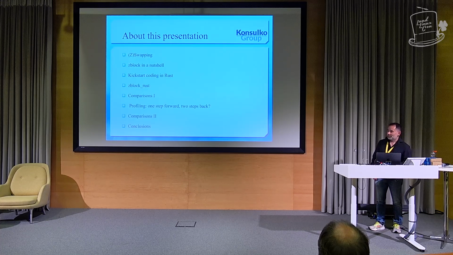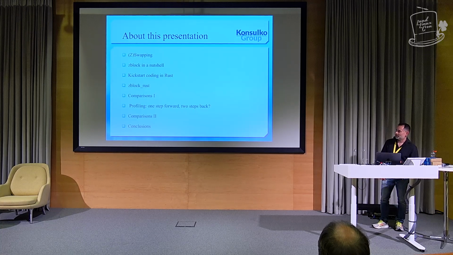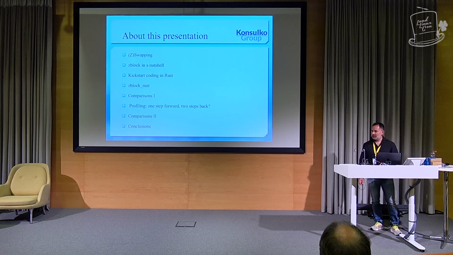And we'll do some comparisons. That's the fun part. I'll show some steps that we did profiling and improving the performance of the Rust version, and we'll do some comparisons again and see some graphs and stuff. And I hope that will be rather fast, and we'll have quite some time for questions. So let's begin.